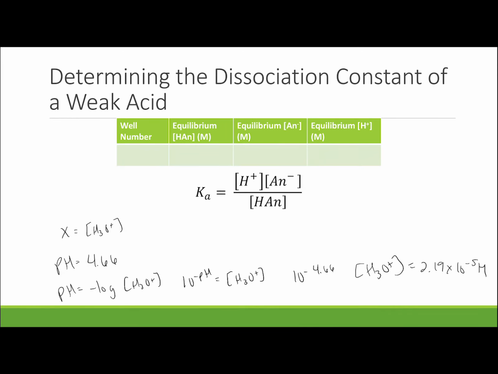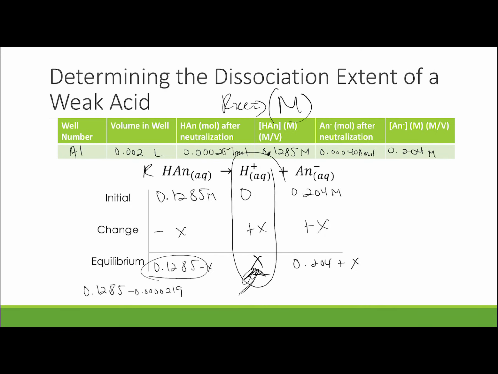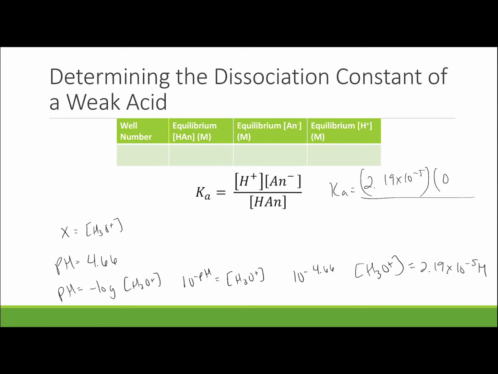So we can then put this into our Ka, where our Ka is equal to our hydronium concentration, 2.19 times 10 to the negative 5, times our A minus concentration, 0.204. Again, if we subtract 0.0000219 from 0.204, it's not going to make any difference, so we're not even going to do it.